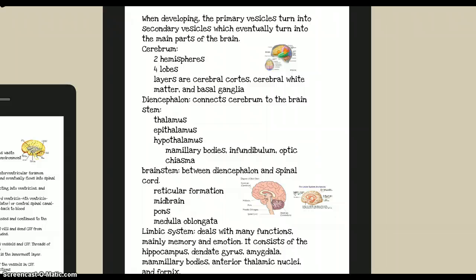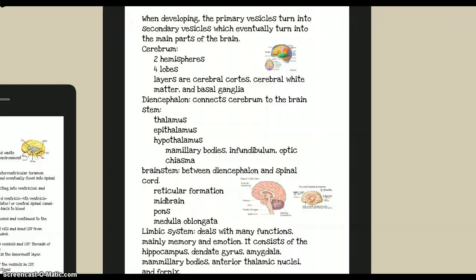I already mentioned what the primary vesicles are, but the secondary vesicles are the telencephalon, diencephalon, mesencephalon, metencephalon, and myelencephalon. The prosencephalon forms the telencephalon and the diencephalon. The mesencephalon stays the mesencephalon. The rhombencephalon forms the metencephalon and the myelencephalon.